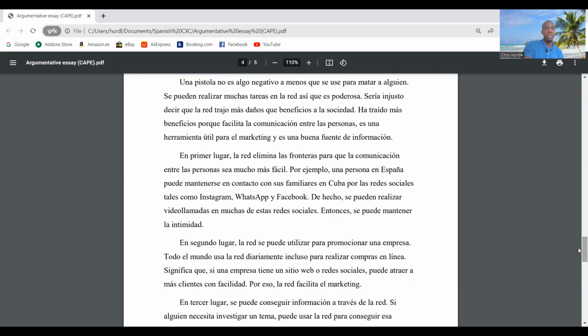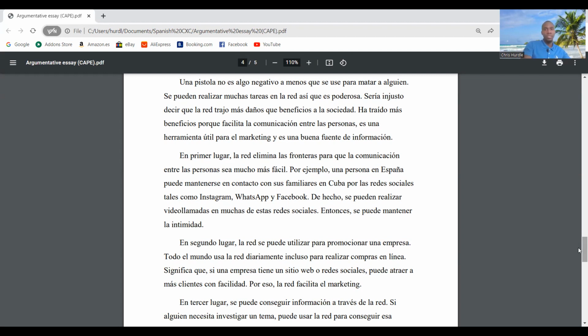My first point, en primer lugar, la red elimina las fronteras para que la comunicación entre las personas sea mucho más fácil. Firstly, the internet eliminates borders so that communication among persons is a lot easier.